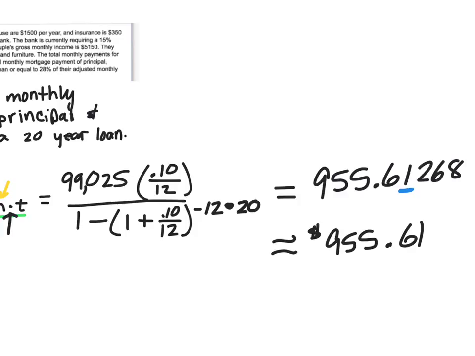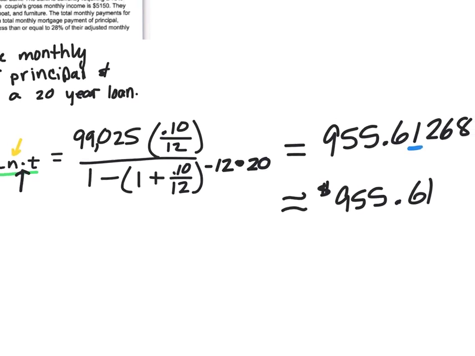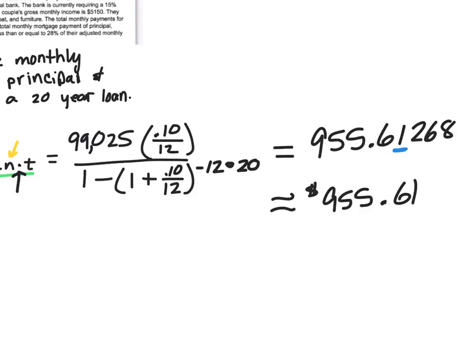So their mortgage payment, the answer to, and again, if you need a more broken down example for how I did all that math on a calculator, I've got a video about that too, so check that out. But in the meantime, I've just answered part D, which is that their monthly payment is $955.61.